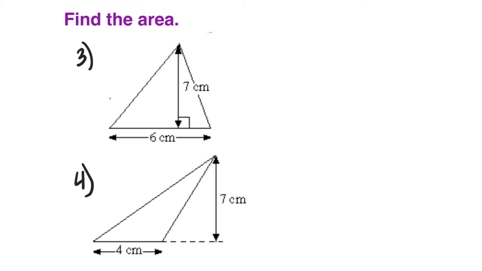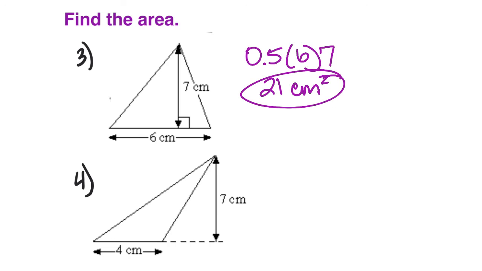Go ahead and find the area for problem 3. You should have done 1/2 multiplied by 6 multiplied by 7. When you multiply those three numbers together, you will get an area of 21 centimeters squared.